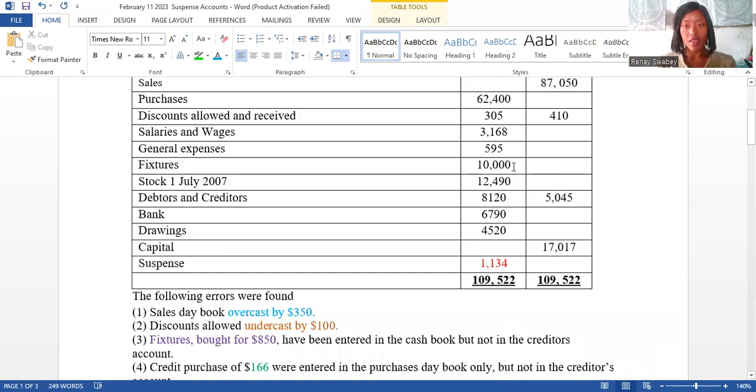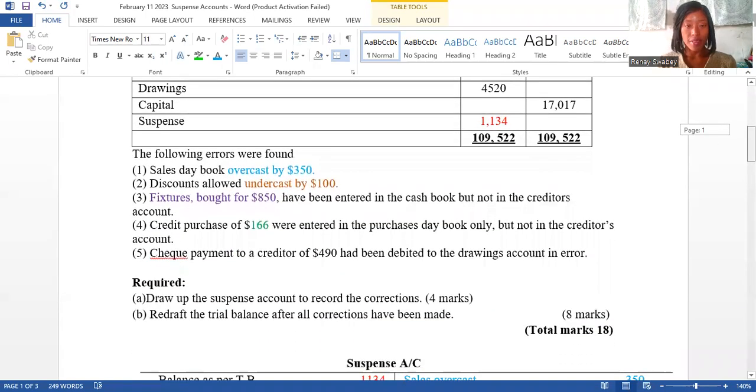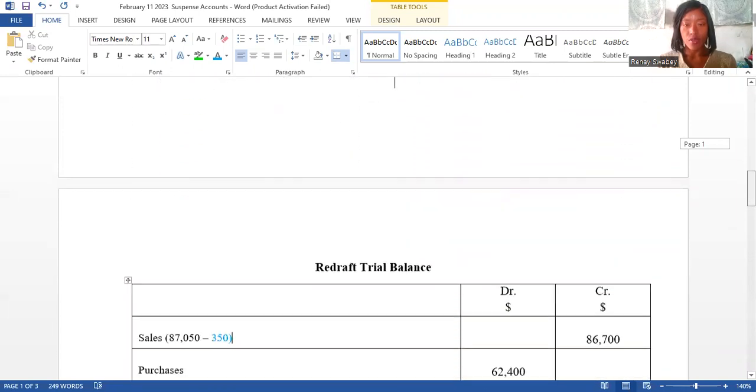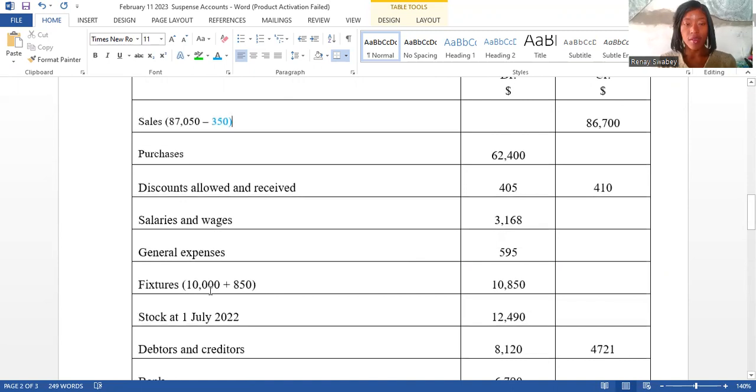See there, $10,000 debited. But when we look at the errors that were made, we see that fixtures was bought for $850, but mistakenly omitted from the creditors account. So we have to put it back in the creditors account. Therefore, we are going to find the sum of $10,000 plus $850.